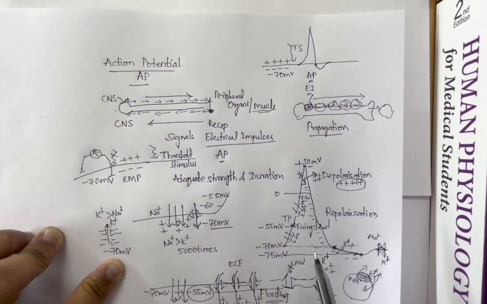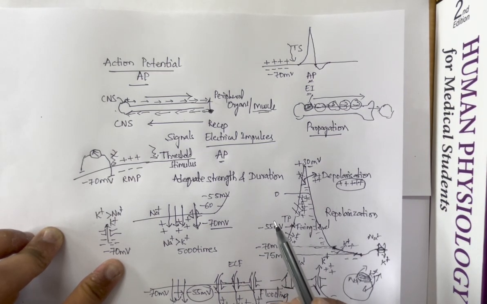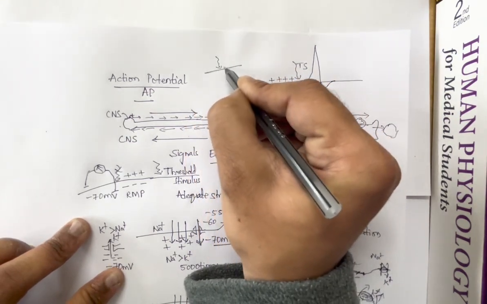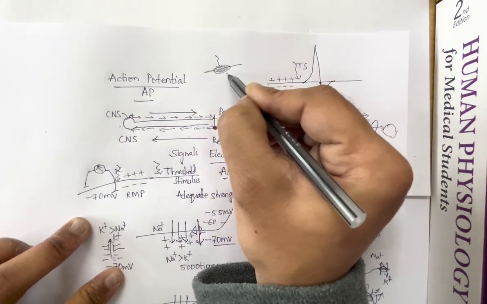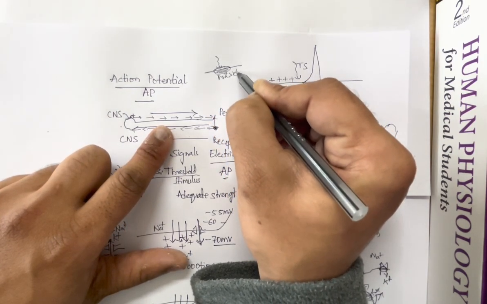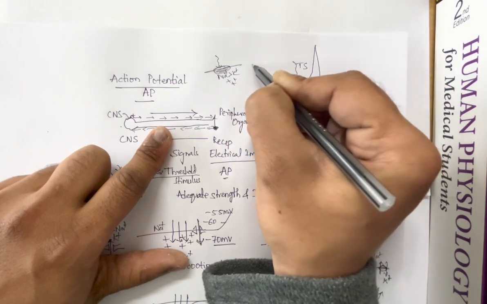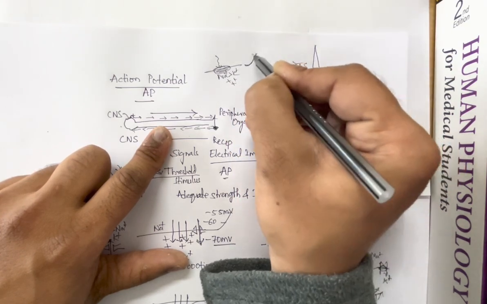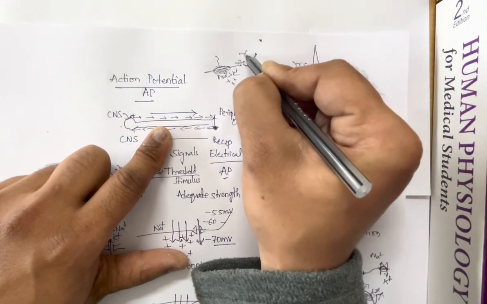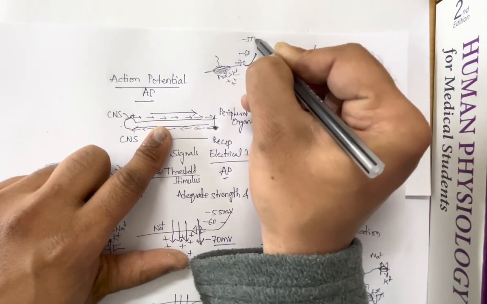But what is generated with the sub-threshold stimulus? Yes, graded potentials or local potentials are generated. With a slight sub-threshold stimulus, there is a certain distortion in the cell membrane. The membrane permeability for sodium will become more than that of potassium, with slight leakage of positive charge. So there can be a slight depolarizing potential, but this will not reach the firing level. From minus 70 it can go up to minus 60, but not reaching the minus 55 millivolt firing level.